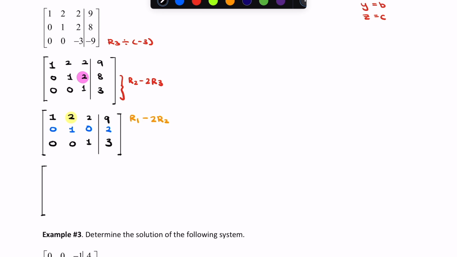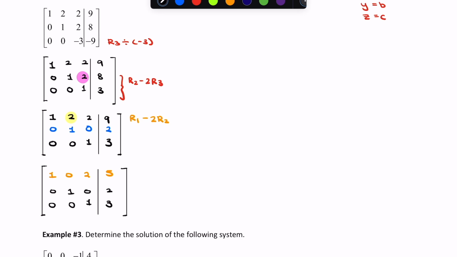And then that will leave us with 1, 0, 2, and 5. And the rest we keep the same. So 0, 0, 1, 0, 0, 1, and then 2 and 3.